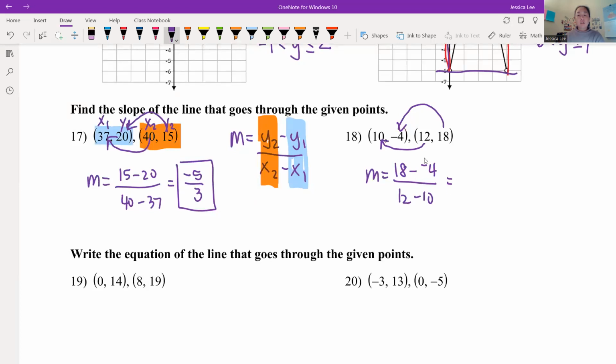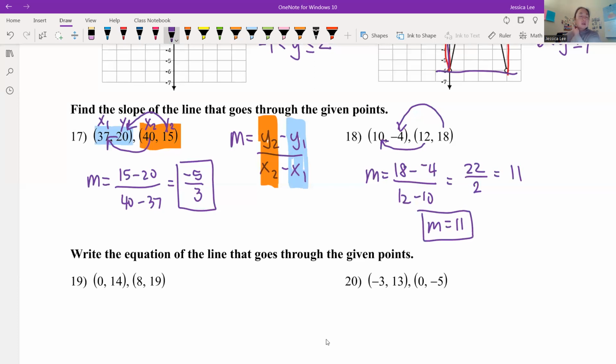So minus negative, same thing as a plus, so 18 plus 4 is going to be 22 over 12 minus 10, which is 2. Want to simplify it? Yes. I already put an equal sign. So 22 divided by 2, that's 11. Yay. If you're like, oh, I'm not good with multiplying or dividing, then check on your calculator just to see if it simplifies down. Okay, so that's going to be our slope. I should technically say, to be nice, m is equal to 11.